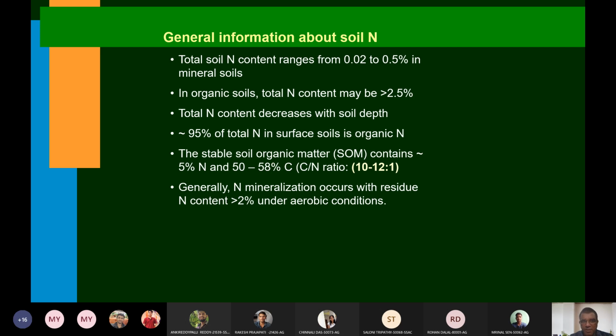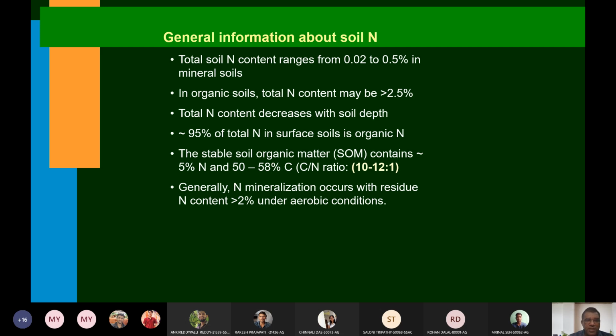So on an average, if somebody asks what is the percentage of nitrogen in organic matter, it is 5% average. And organic matter also contains 50 to 58% carbon. Therefore, the C:N ratio in soil is 10 to 12 is to 1.